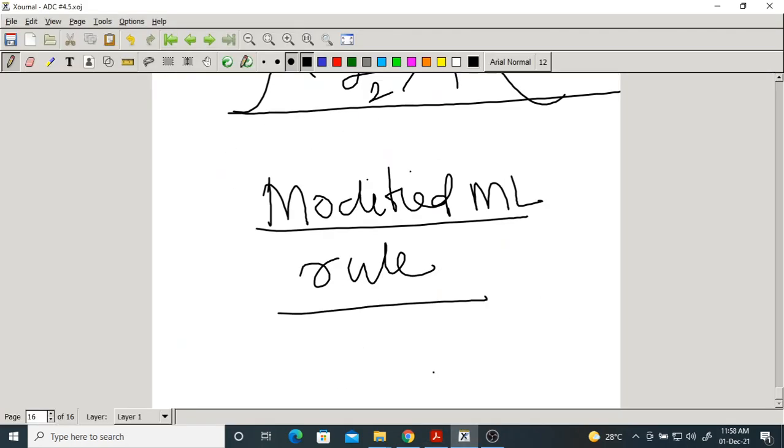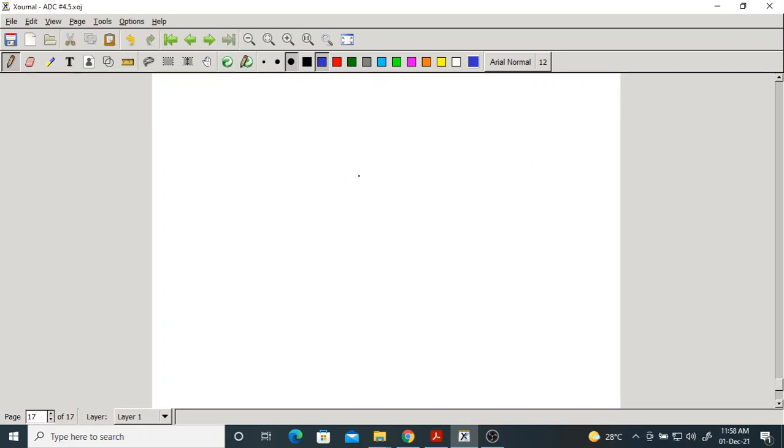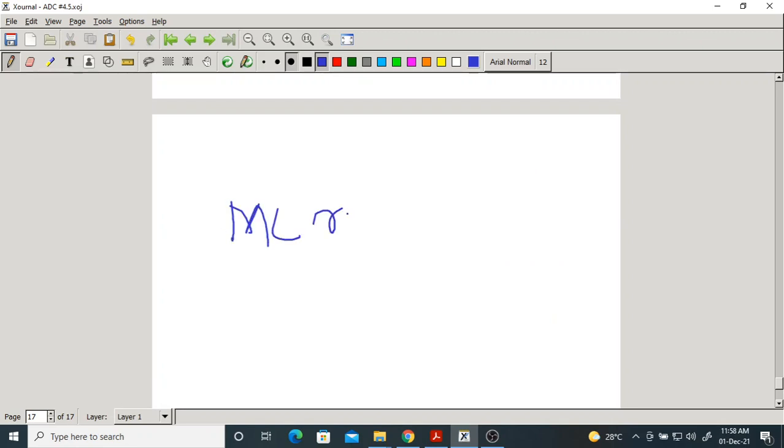So we apply the ML rule to y. Which random variable do we apply it to? We apply this ML rule to random variable y. It is also a Gaussian random variable. So the ML rule simply modifies to: if y is positive, choose m cap equal to 1.